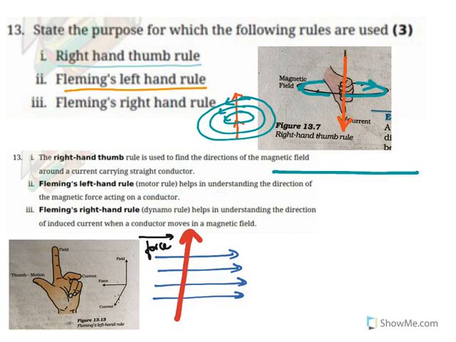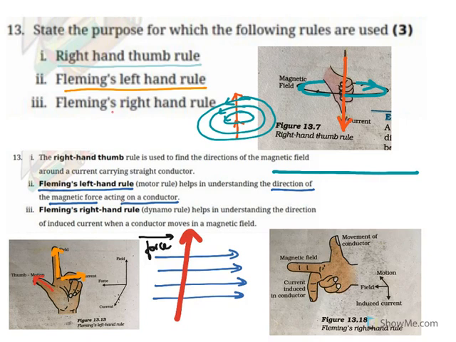So here we've written: Fleming's left hand rule helps in understanding the direction of magnetic force acting on a current carrying conductor. To recollect, the forefinger gives the field, the middle finger gives the current, then the thumb will give you the motion, the direction of the force.